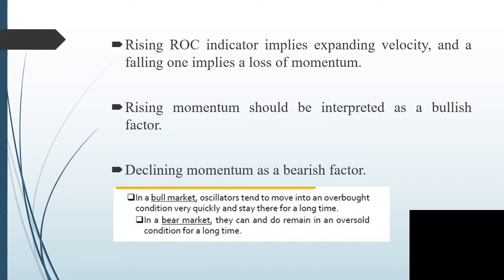So in a bull market, oscillators tend to move into an overbought condition very quickly and stay there for a long time. While in a bear market, they can and do remain in an oversold condition for a long time.